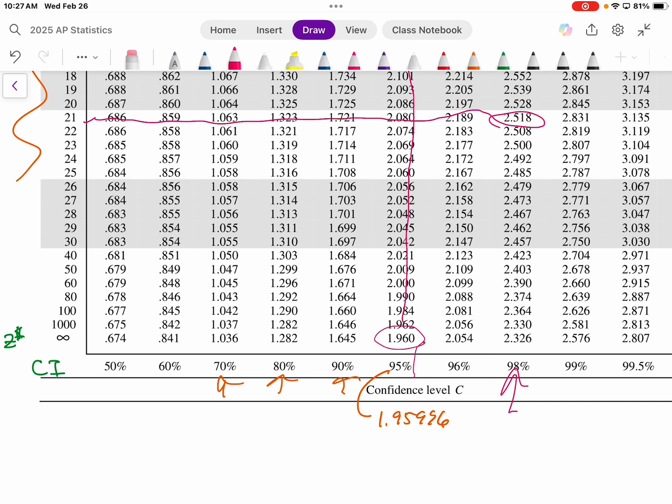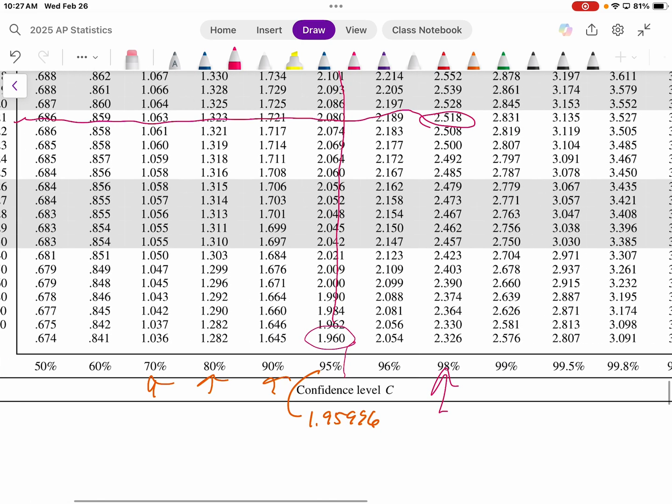Again, I don't mind wasting my brain cells memorizing several common decimals that they use. Those are the three most common Z-stars they use on the AP test, so I just memorize them. But to save time, on the paper sheet you just get to that one table and grab all the Z-stars you need right from that bottom row.